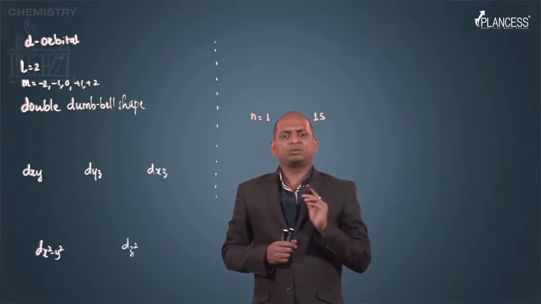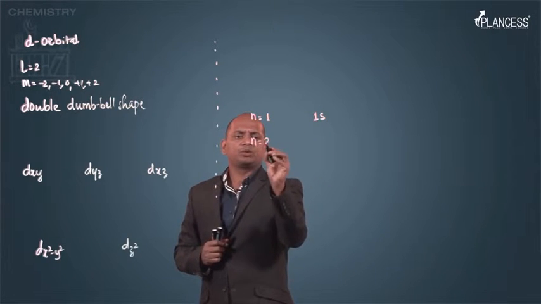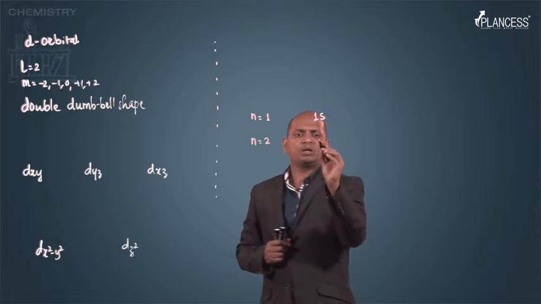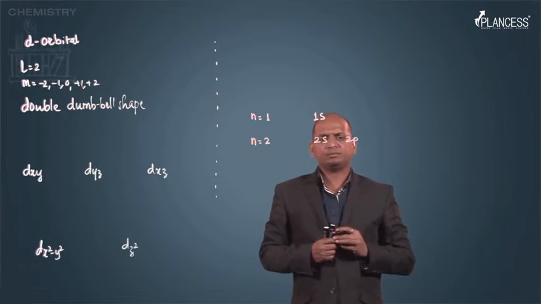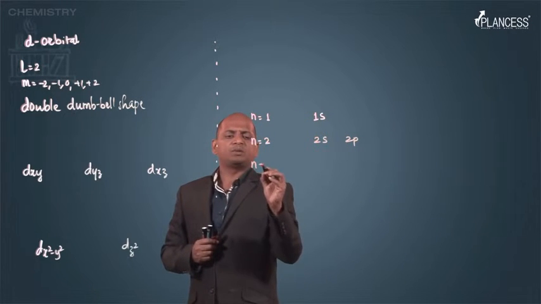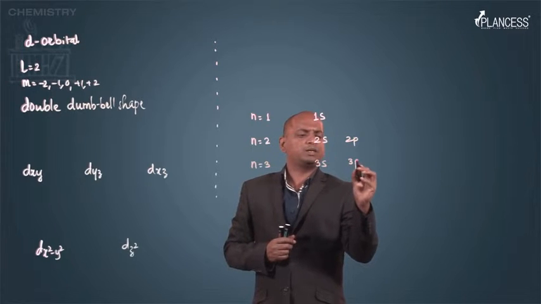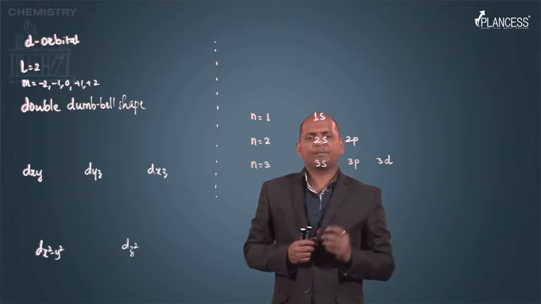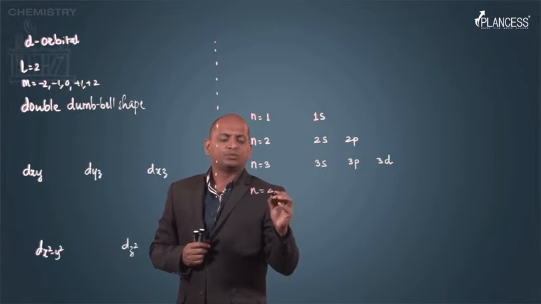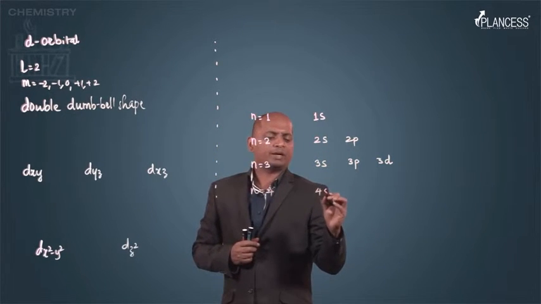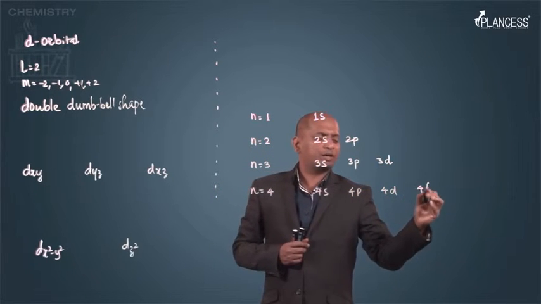Since l is equal to 0, we have only 1s. When n is equal to 2, we have 2s and 2p. When n is equal to 3, we have 3s, 3p and 3d. When n is equal to 4, we have 4s, 4p, 4d and 4f.